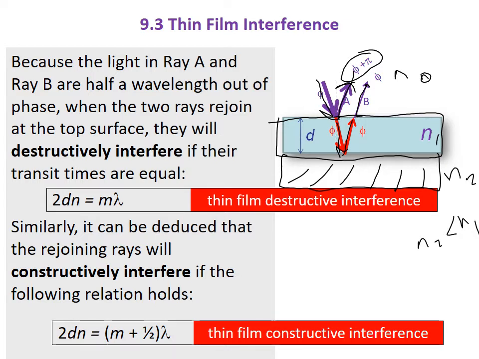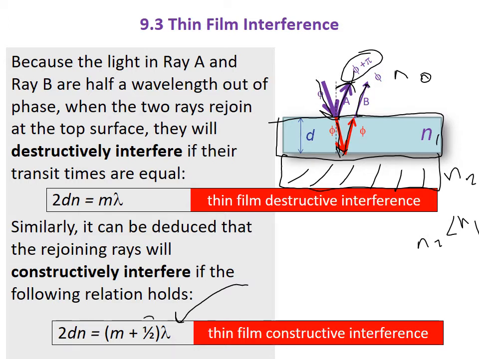B stays in phase with the original beam of light. These two different reflections, these two different beams, are going to interfere with each other. Places where you have constructive interference, you're going to use this equation. You'll see the bright patterns, like rainbow patterns if it's white light.